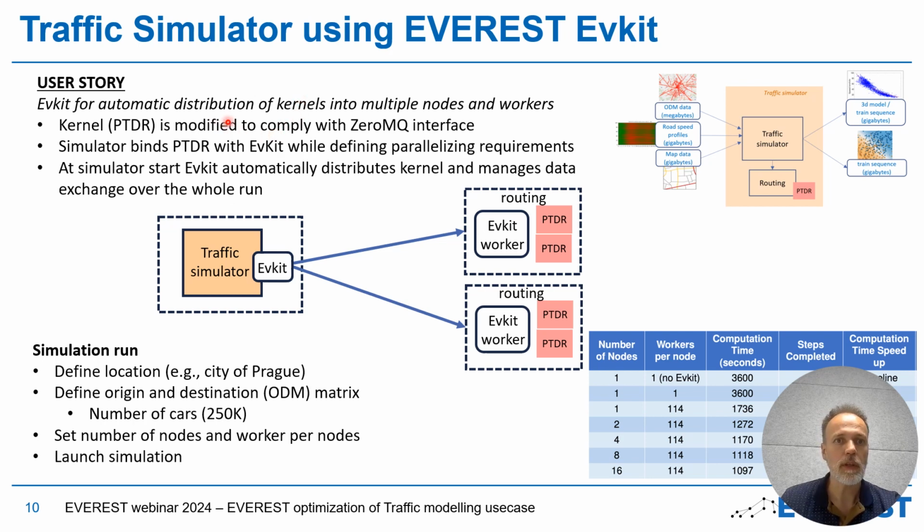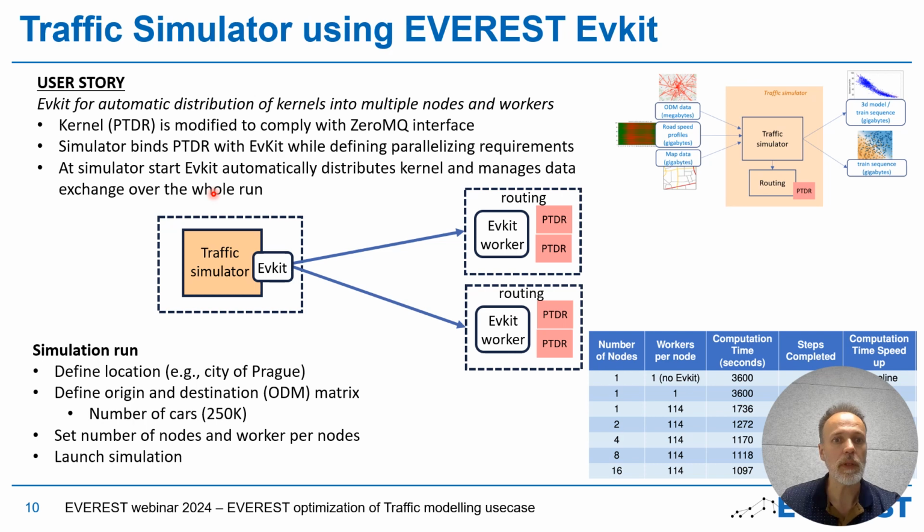So first, kernel needs to be modified to comply with 0MQ data interface. Then the simulator binds the kernel with fkit through its interface, defining parallelizing requirements.